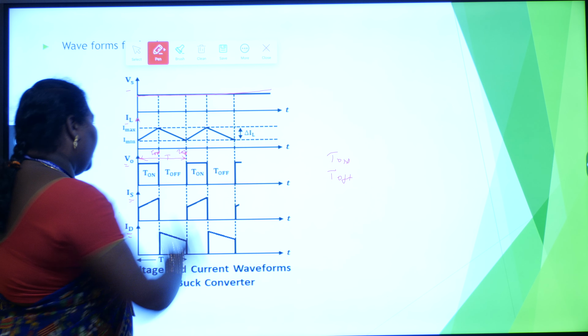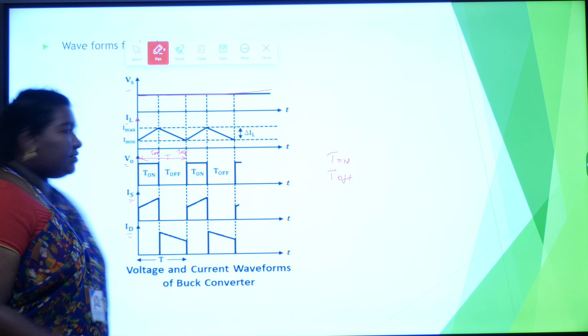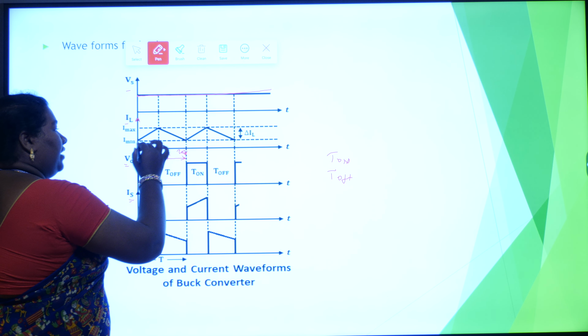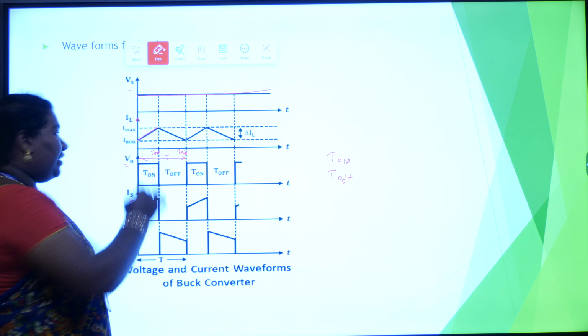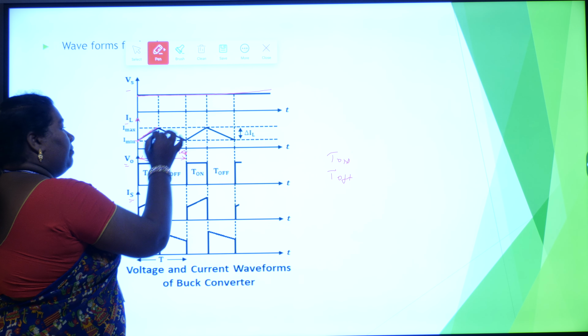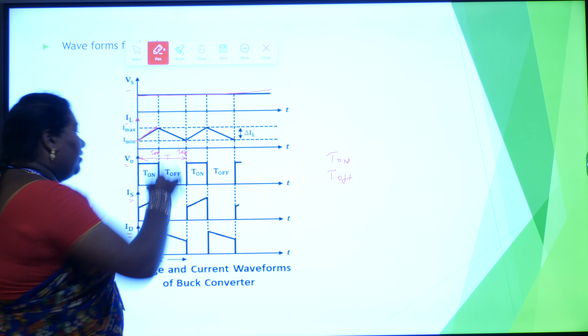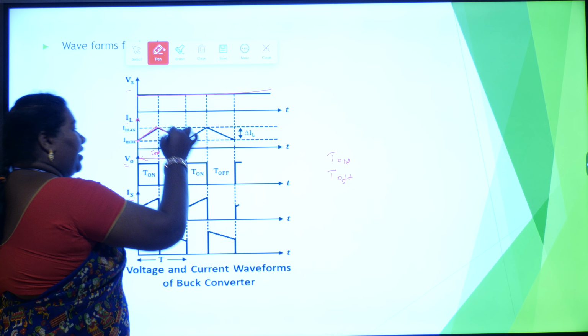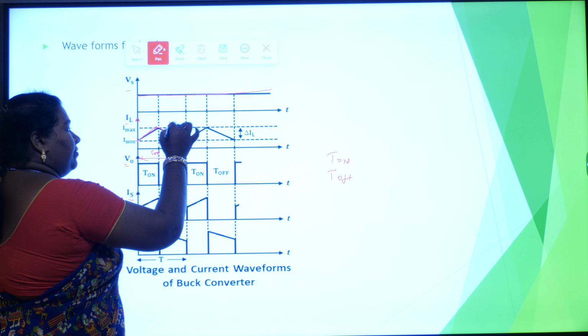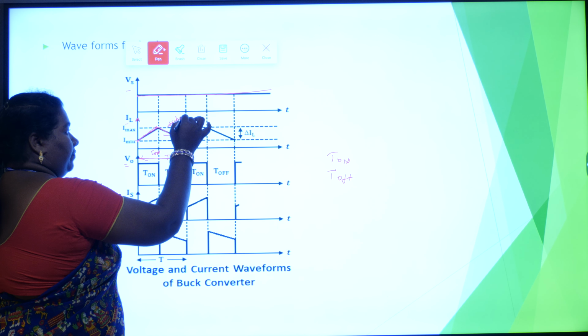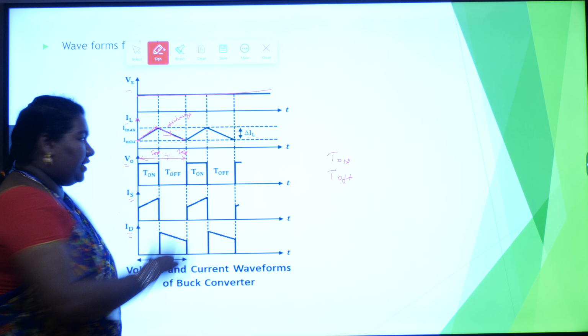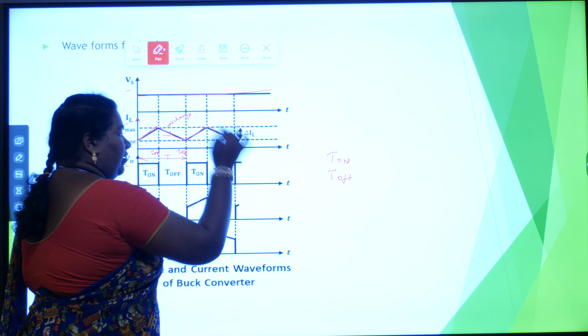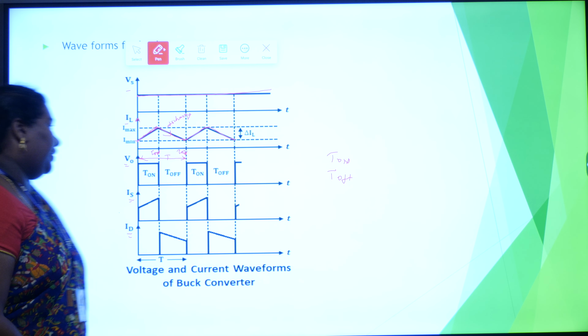During on state the inductor charges, so the current rises from minimum to maximum. Later, from T on to T off, the inductor discharges. The same cycle repeats for another period.